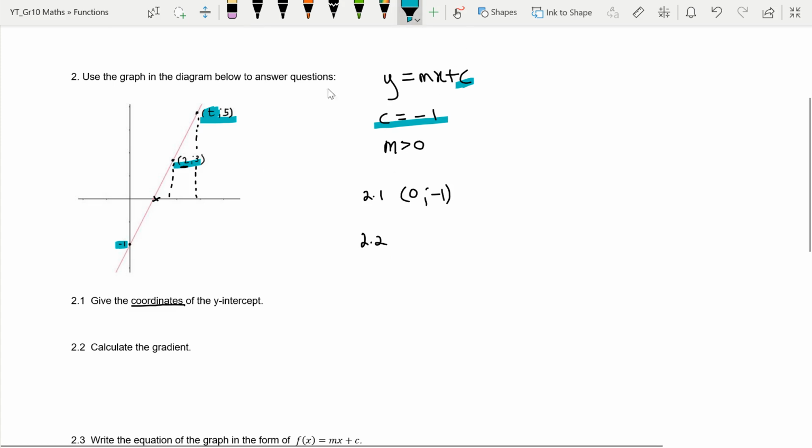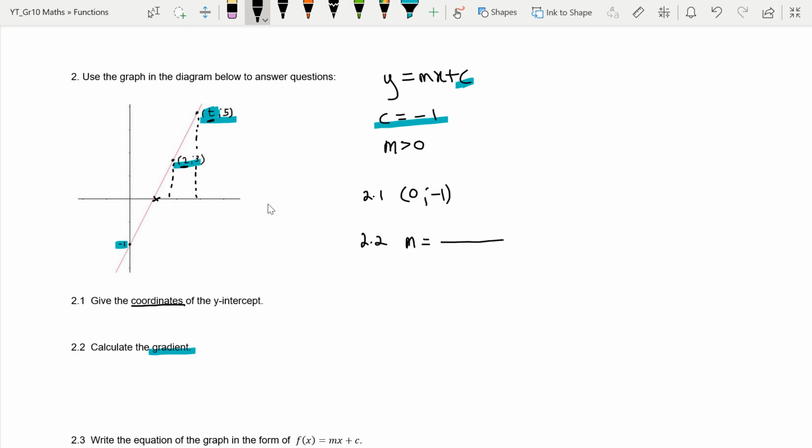Calculate the gradient. How do you calculate the gradient? You need 2 points on a line to be able to calculate the gradient. Then we're going to use our gradient formula, the change in y over the change in x. It's not going to help me to use the point that includes a t because that's missing information. We need to use the 2 points where we do have the information.